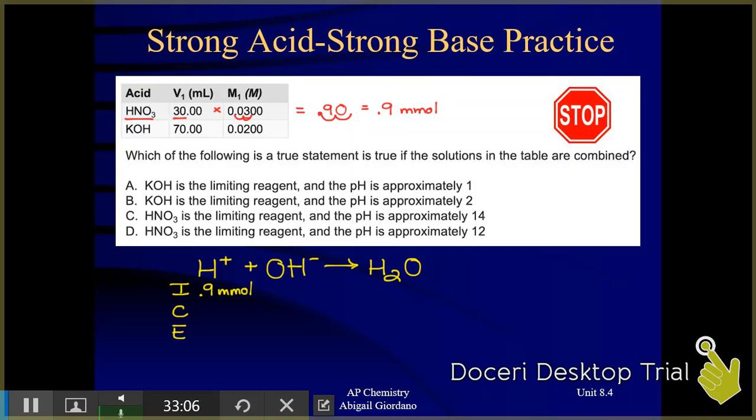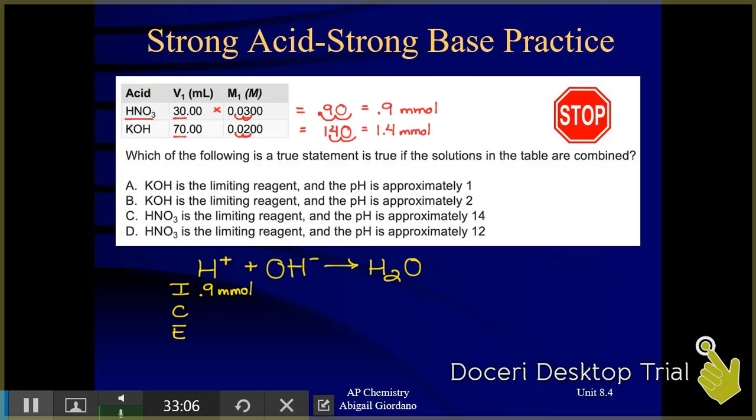Okay, let's do the same thing with the base. Again, this is kind of how I think of it. What is 70 times 2? Well, that's 140. But it's not 70 times 2, it's 70 times 0.02, so that's 2 decimal places smaller. So that's 1.4 millimoles.